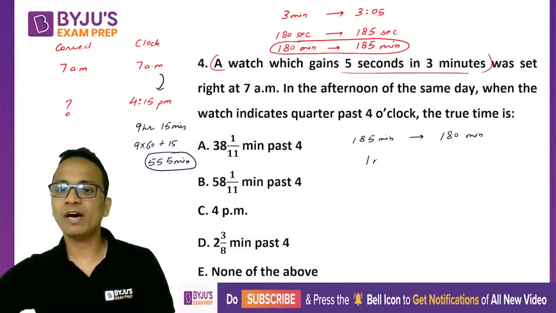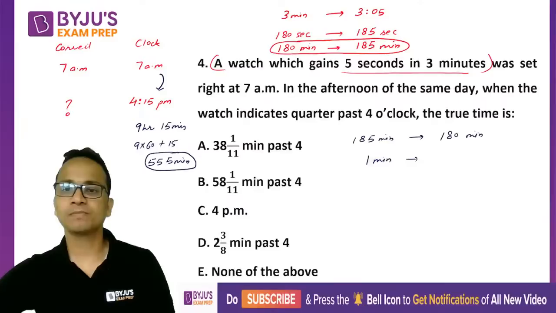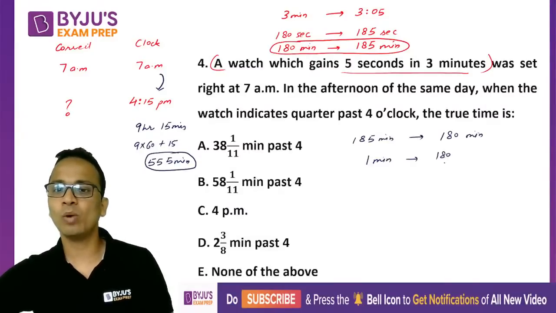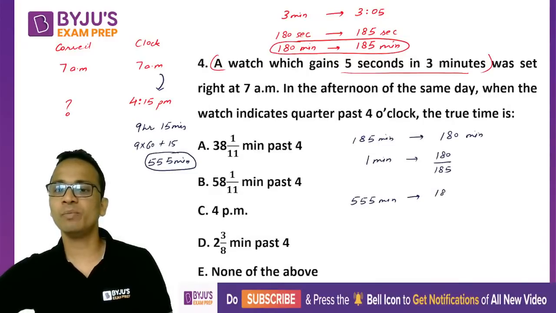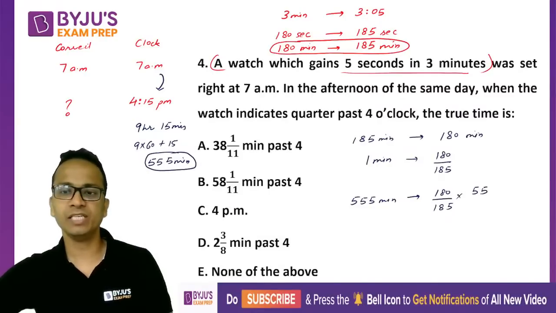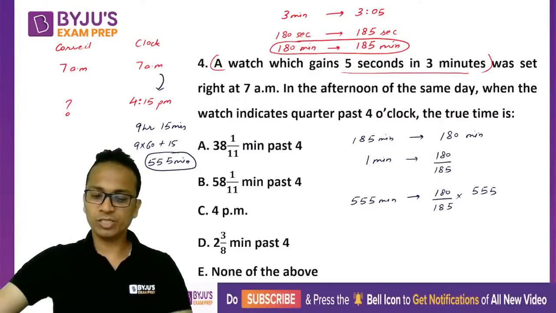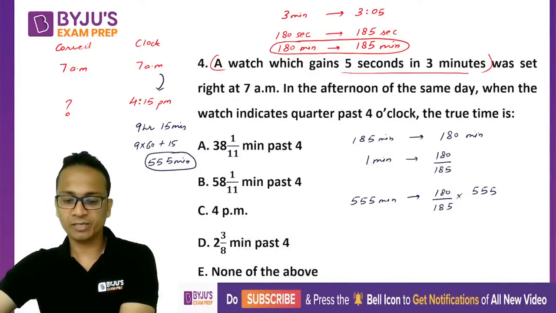Now for every 1 minute that will elapse here, the correct time elapsed will be 180 upon 185 minutes. Now we are talking about 555 minutes that have elapsed in the faulty clock. So here it will be 180 upon 185 multiplied by 555. So this is the basic unitary method.